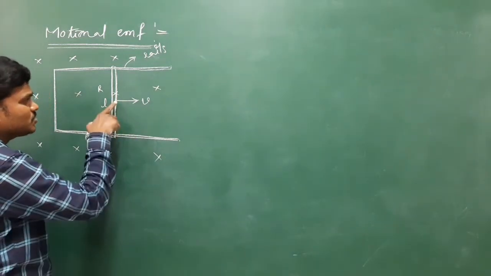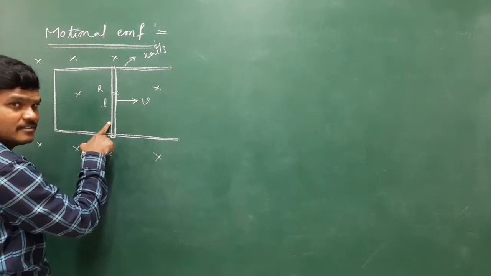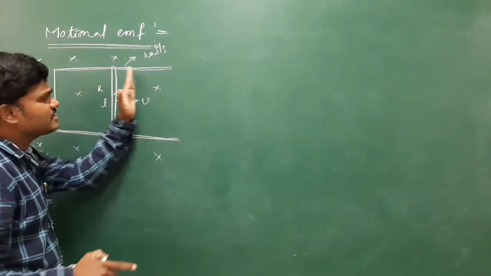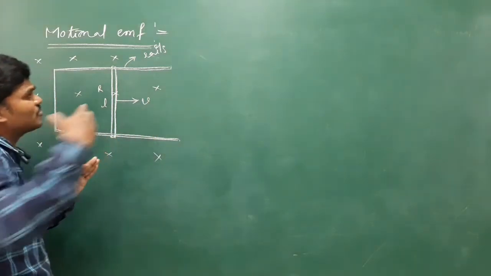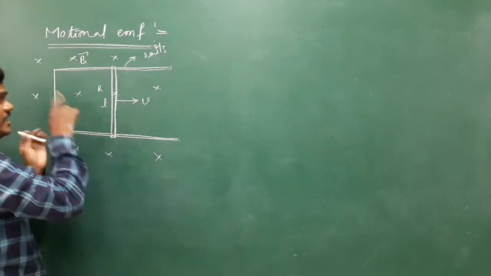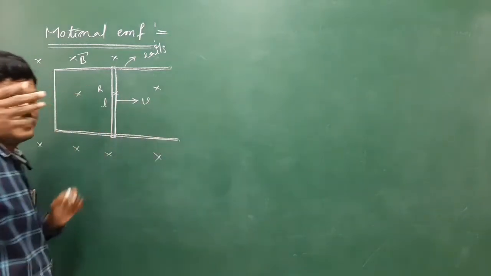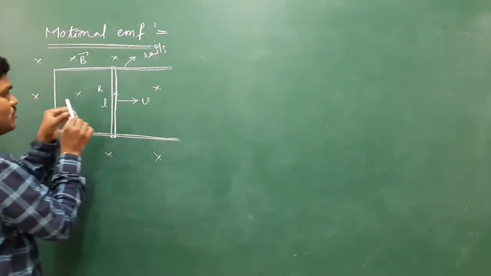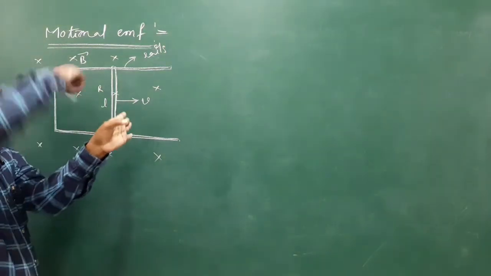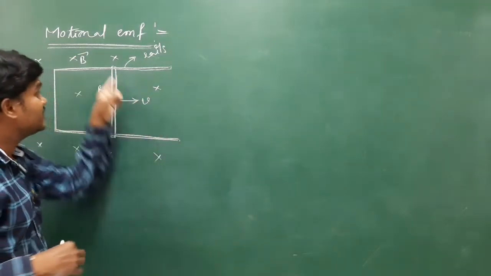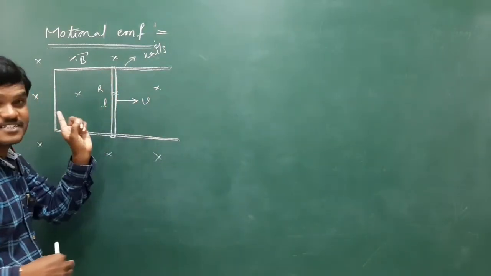So when a conductor moves with a speed V, then this conductor cuts the lines of force. See, the magnetic lines of force are into the board. If the conductor moves in this direction, this conductor cuts the magnetic field lines.